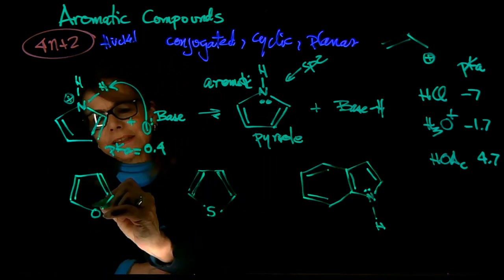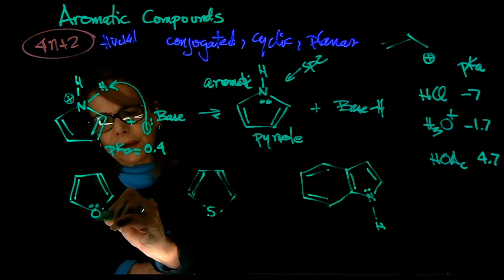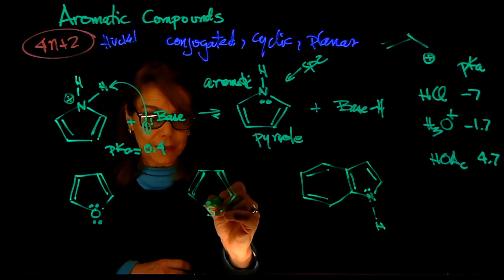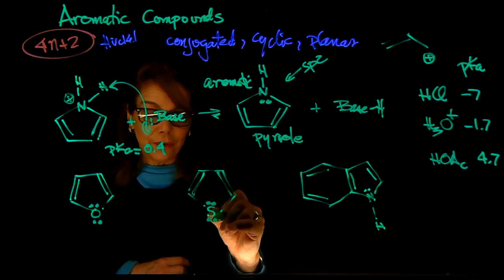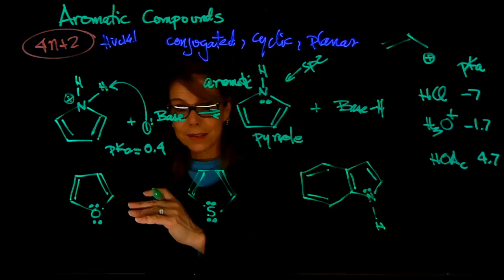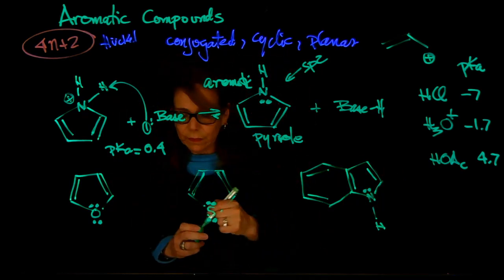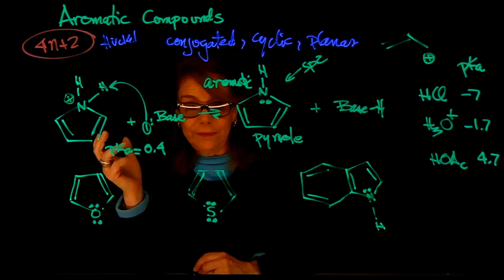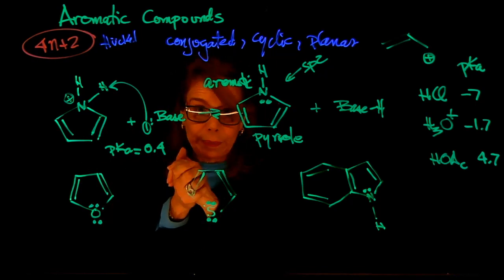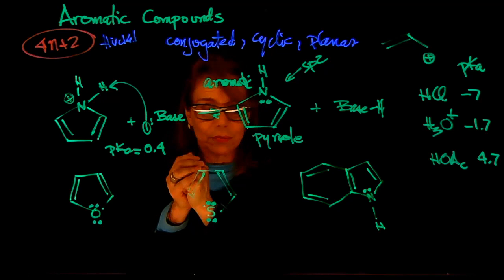Now let's analyze this compound here. What I have below are all heterocyclic compounds as well, meaning that we have another element different than carbon as part of the cyclic structure. What we need to know is, if we count the electrons in the lone pairs, which electrons do we count?